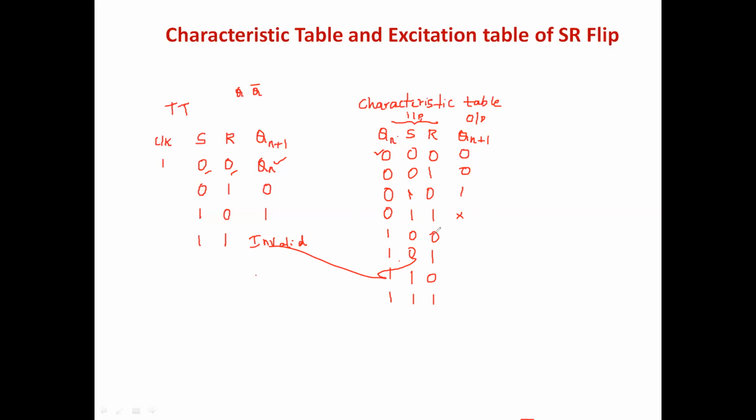So when S is equal to 0, R is equal to 0, see the output, it is memory. Memory is nothing but I will get the value of Qn. Next, when S is equal to 0, R is equal to 1, I will get 0. 1, 0, I will get 1. 1, 1, when both are 1, it is invalid state.